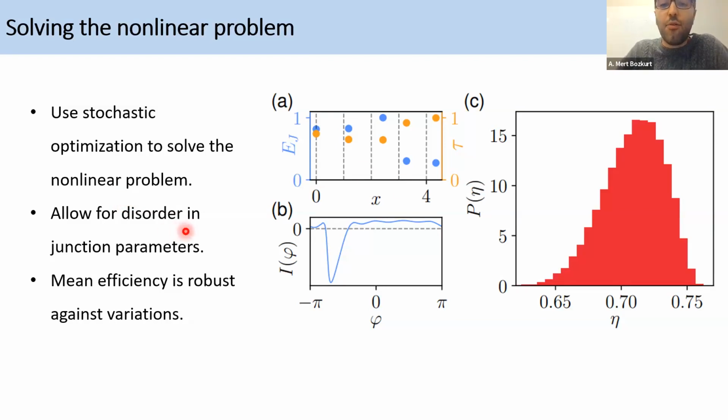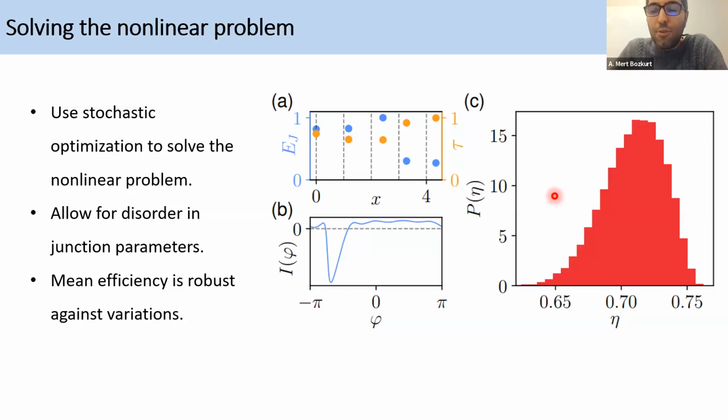So here we allow for 2% variations in junction parameters, EJs and taus, and the resulting diode efficiency distribution is something like this, where the mean efficiency is around 72%. And this is the resulting current phase relationship of the clean one, let's say. So we see that the unconstrained problem is actually much richer than the constrained one.